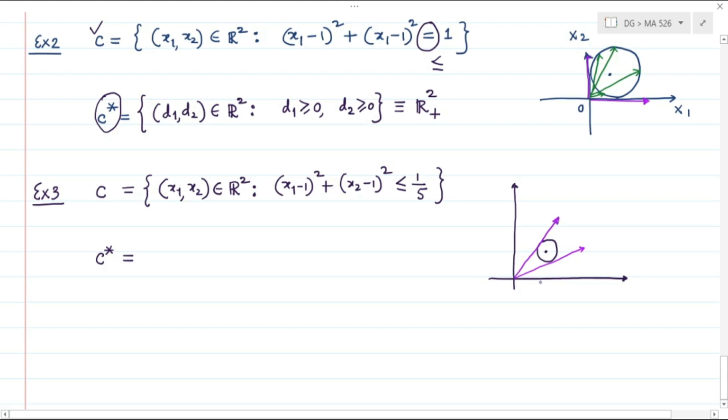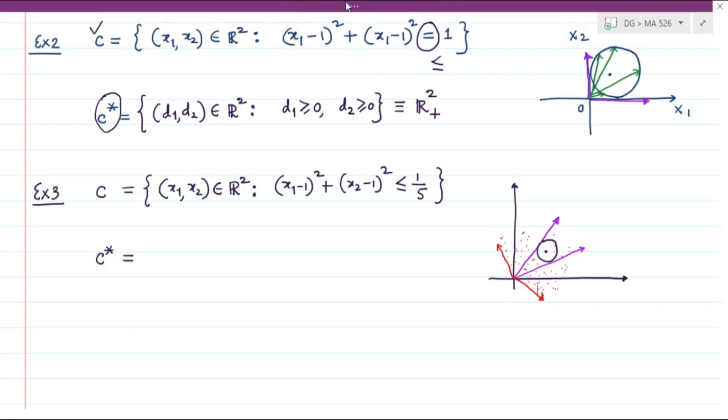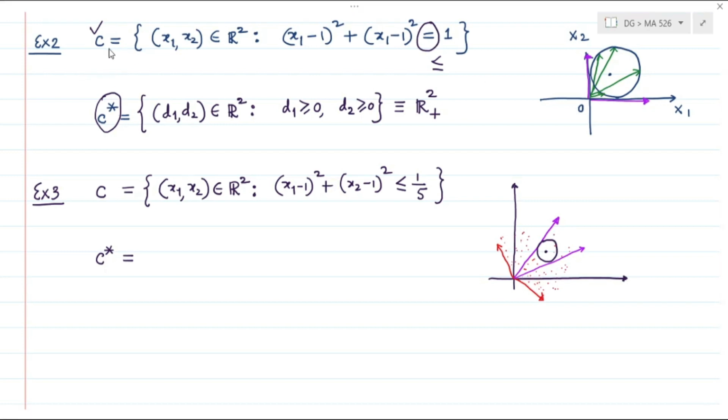Accordingly, the dual cone will be, evidently, you draw the perpendicular to this red line, and the set of all points in this red dotted region is the dual cone. Now this is a sufficient hint on how to find the dual cone. Can you express mathematically what C star is? I am giving you the answer and you can check its correctness.